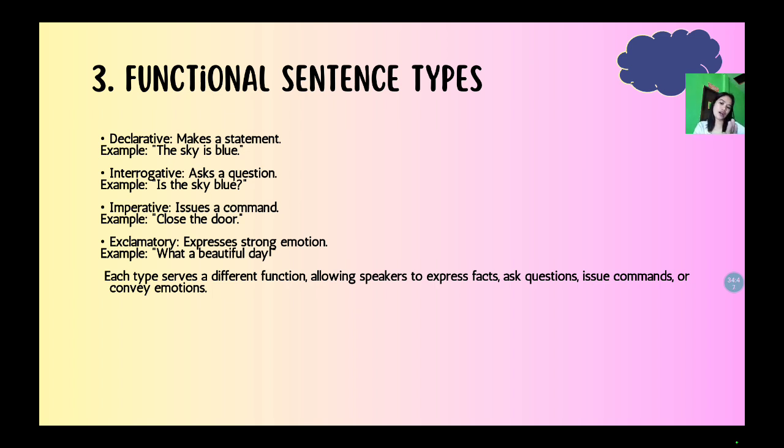So, functional sentence types. We all know that there are four types of sentences: declarative, interrogative, imperative, and exclamatory. Declarative makes a statement. Example, the sky is blue. Interrogative asks a question. Example, is the sky blue? Imperative issues a command or request. Example, close the door.